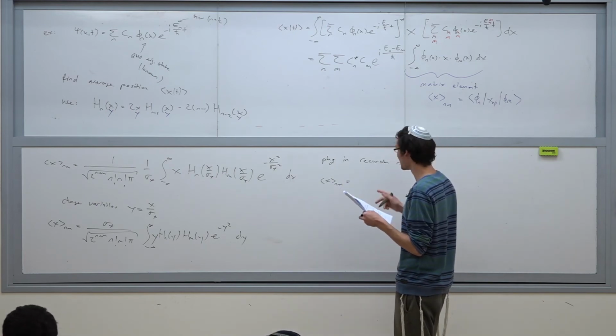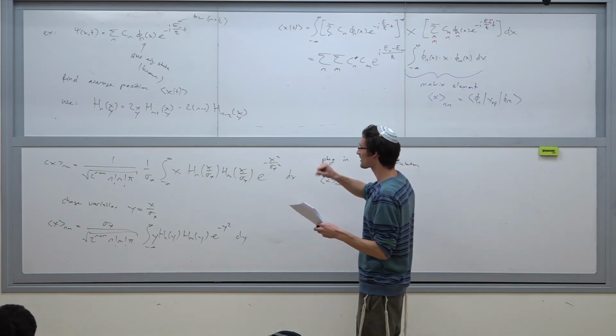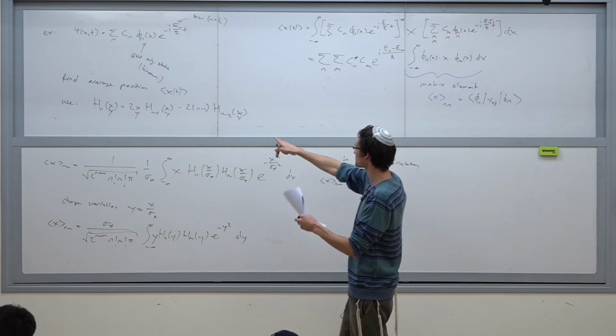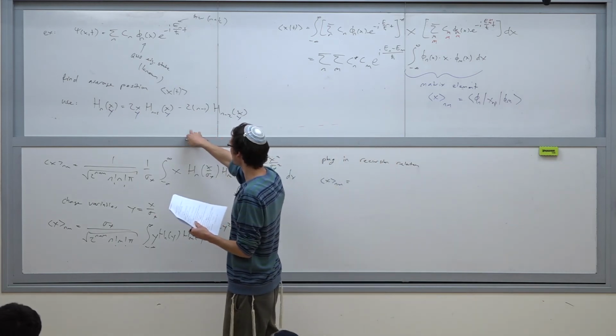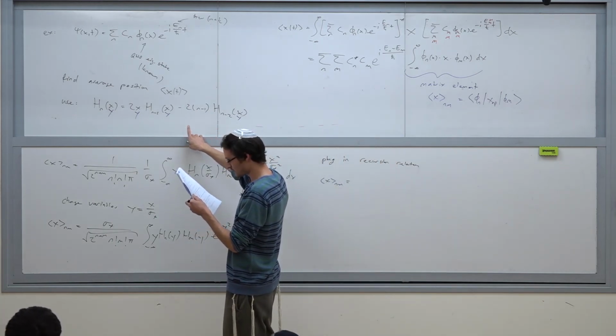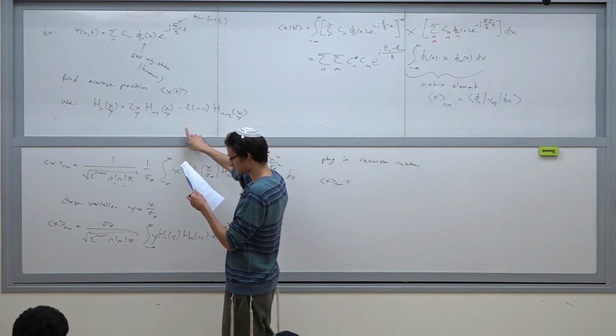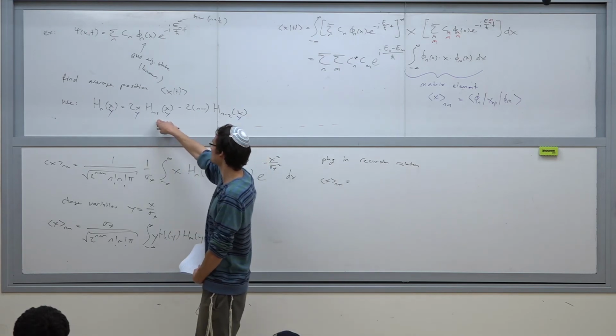Okay, so what are we doing? Why is this so good? Because we're going to use this relation, but not for n. What we're going to do is replace n by n minus 1.